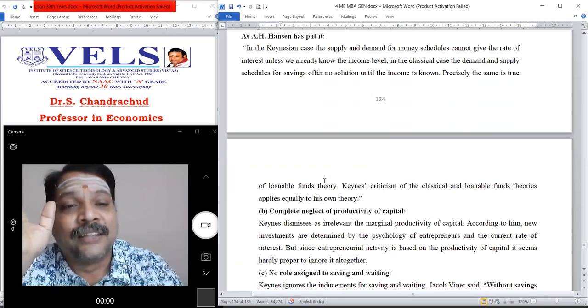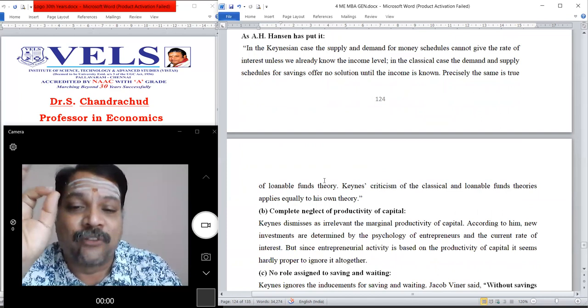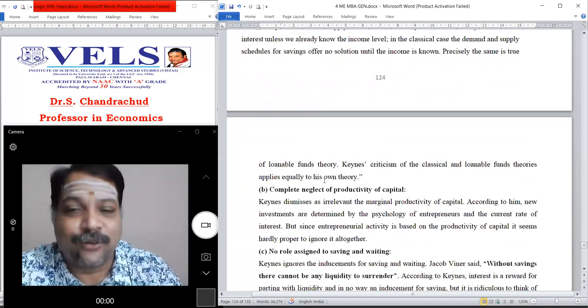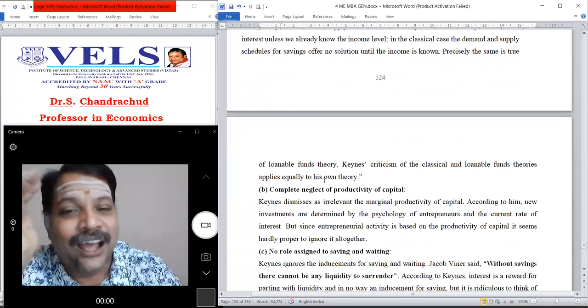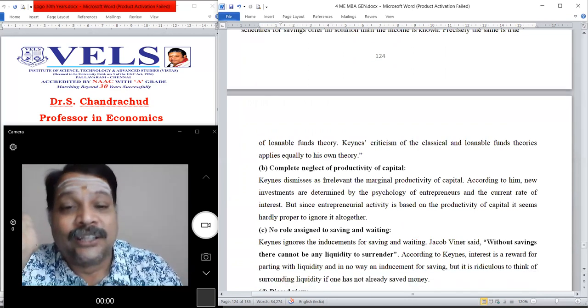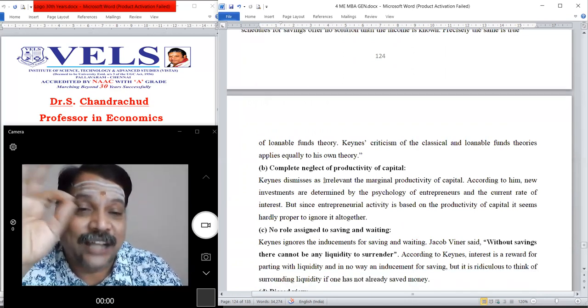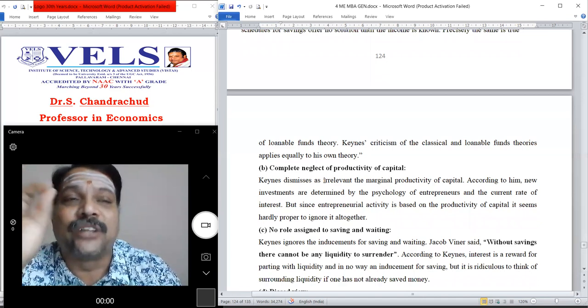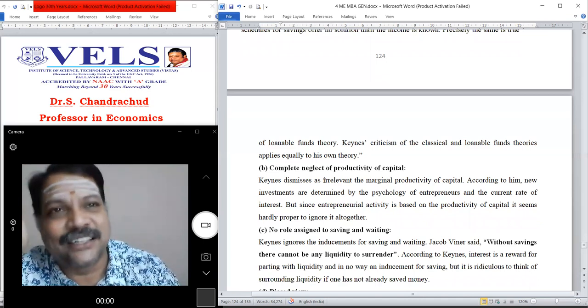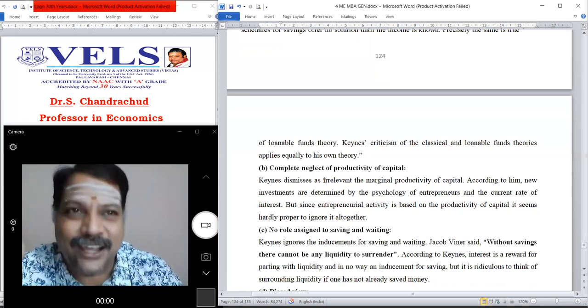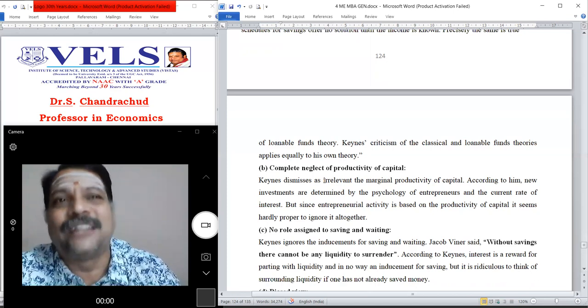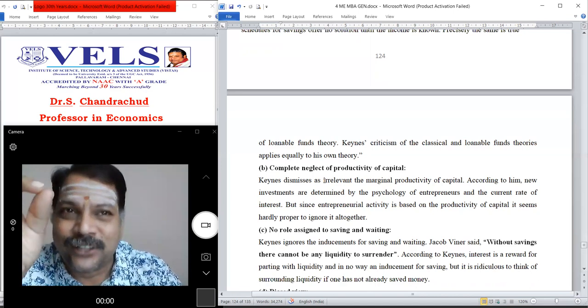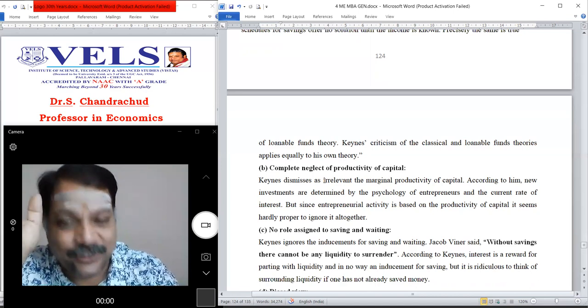Precisely the same is true for the loanable funds theory. Keynes's criticism of the classical and loanable funds theories applies equally to his own theory. He criticized the classical theory and loanable funds, but the same defect is also there in the liquidity preference. In the words of Hansen, we can understand that.